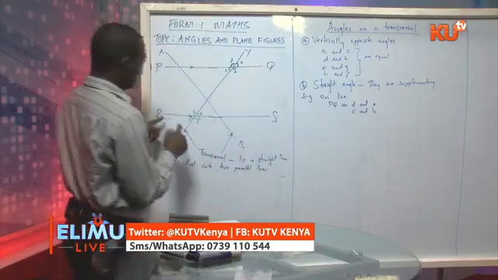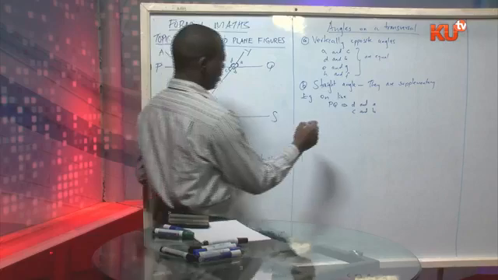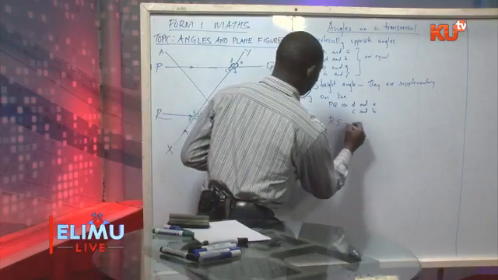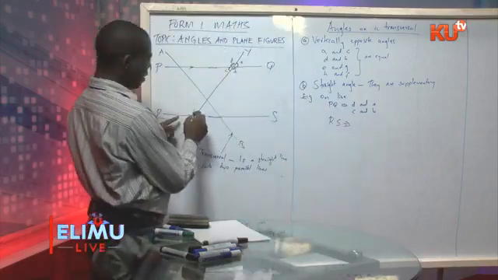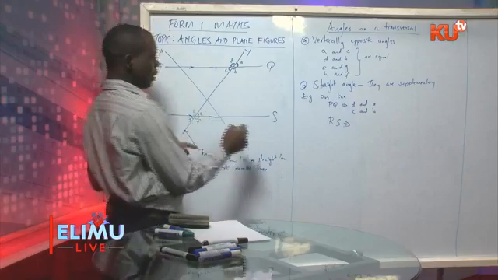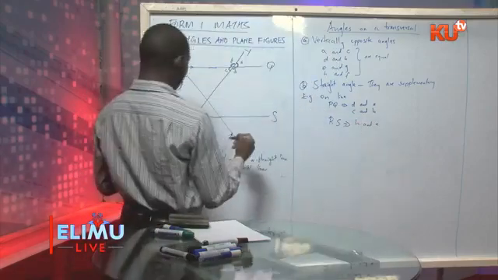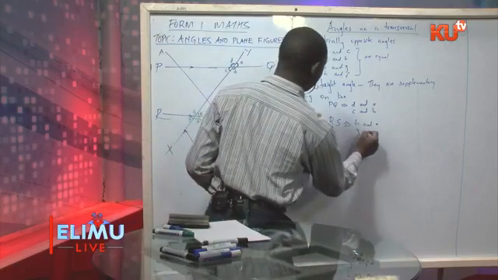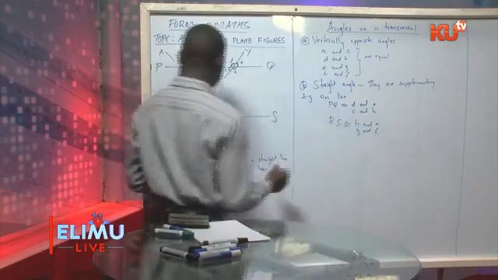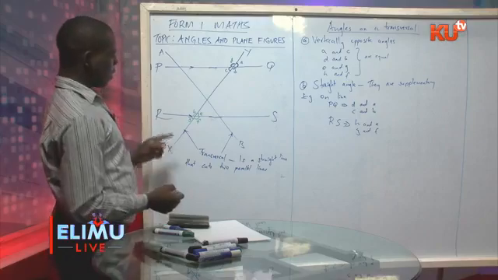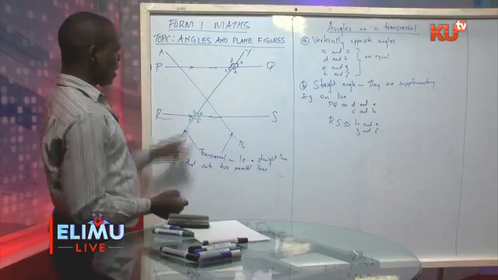If I look now at the line RS, RS gives us the angles H and E, and G and F. Those are straight angles. Equally, we can look at the line XY.